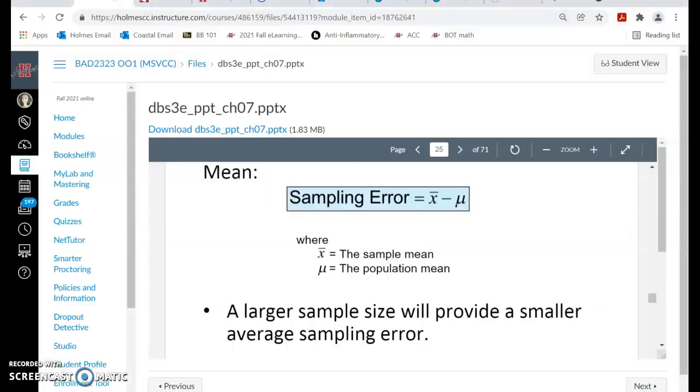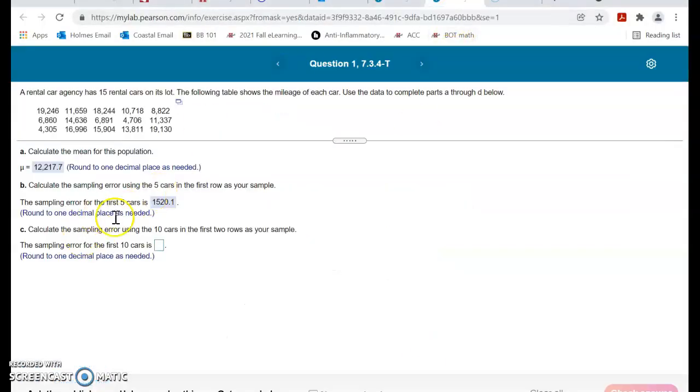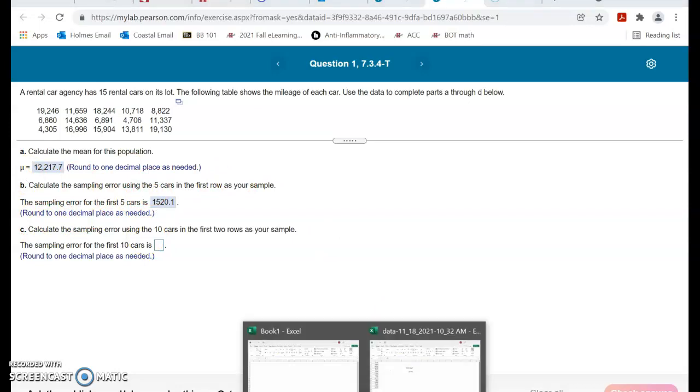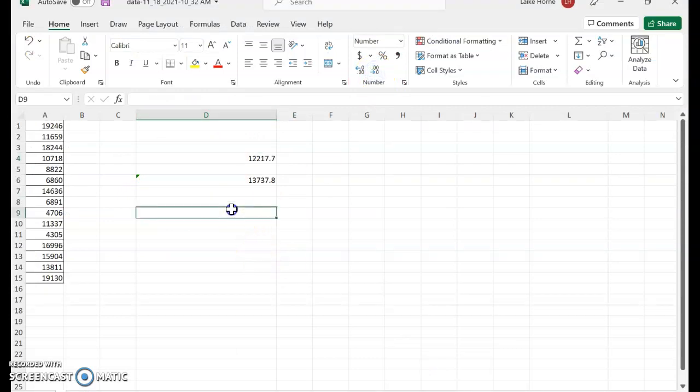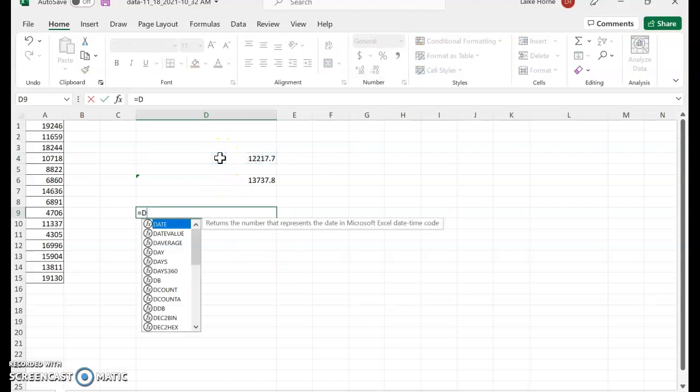And then let's see what we're asked. Round to 1 decimal place as needed. So it would be the population mean, which is the top number. Wait, no, sorry.